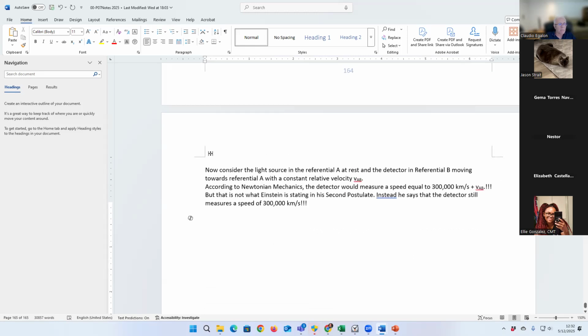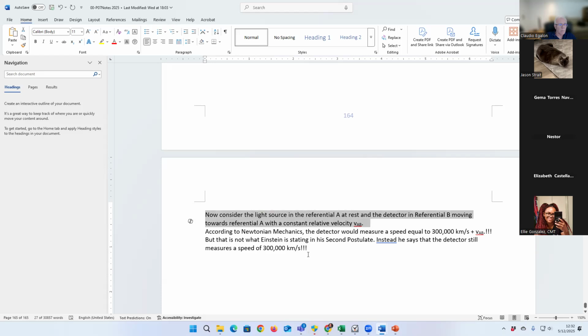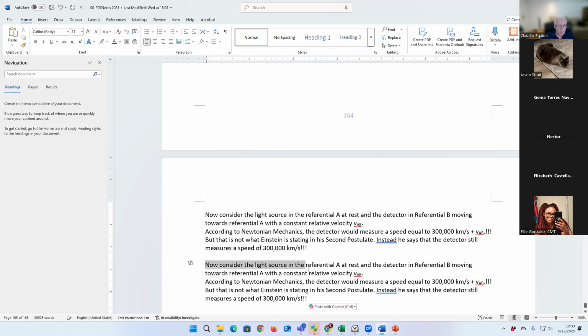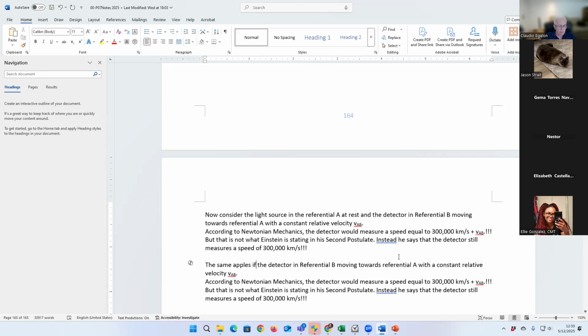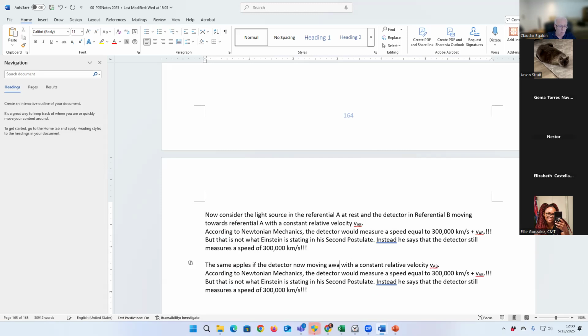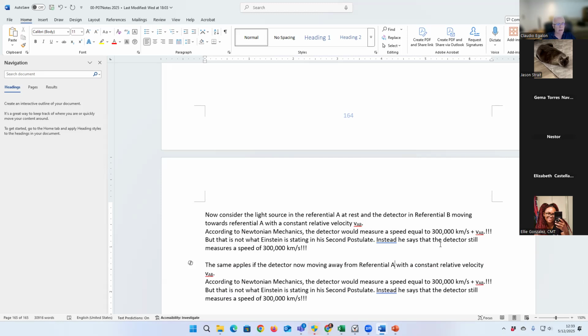The same applies if the detector is now moving away from referential A with a constant velocity of B with respect to A. Wait a minute, it's not A with respect to B, it's B with respect to A.